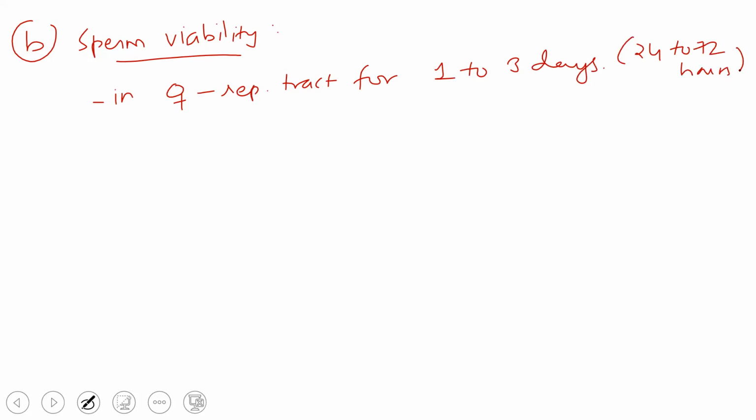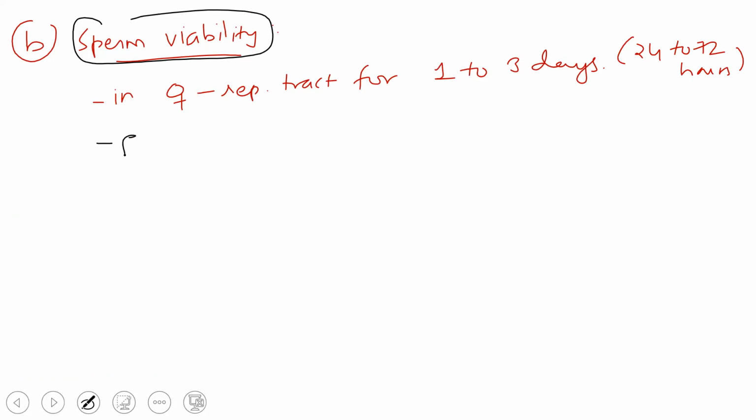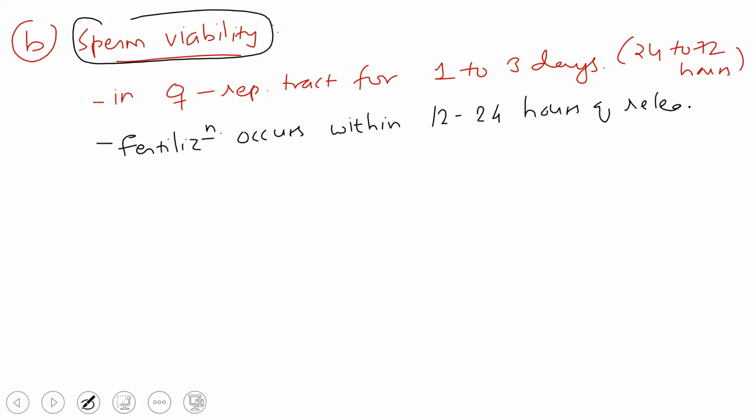And fertilization occurs within 12 to 24 hours of release of sperms. If it is supposed to happen, it will happen only within 12 to 24 hours, otherwise it will not happen. Remember that. The viability is for this much time.